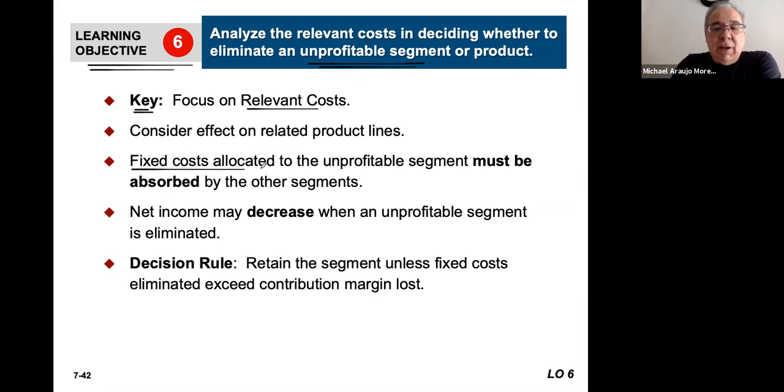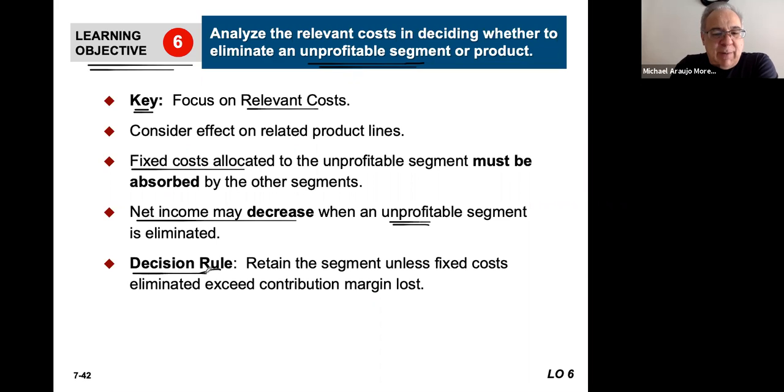So you might also see that net income may be affected if you eliminate an unprofitable segment, which sounds weird because it's already unprofitable, but it would actually decrease more.